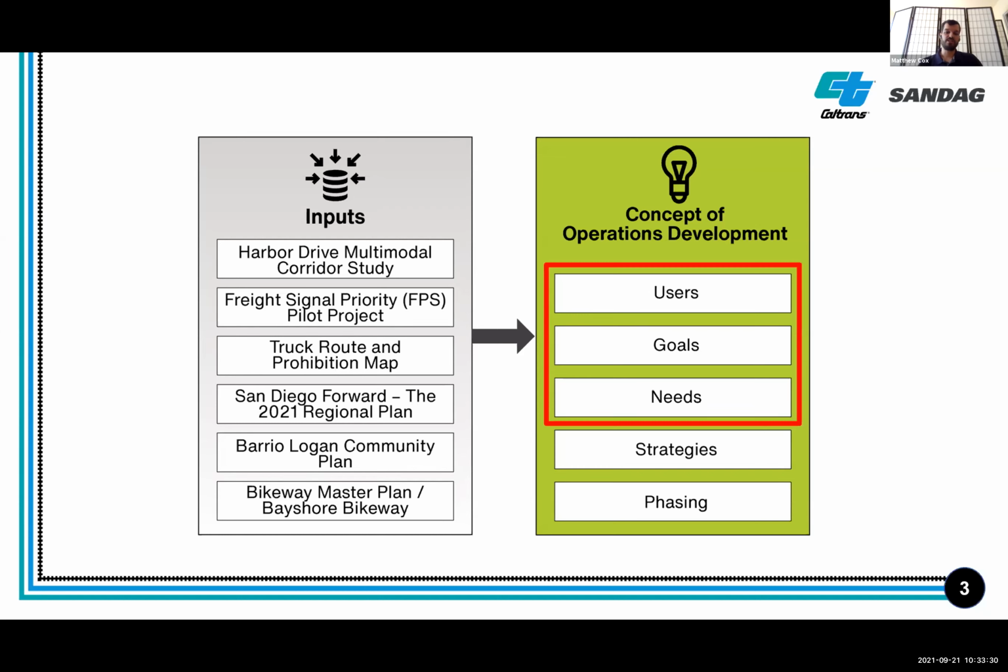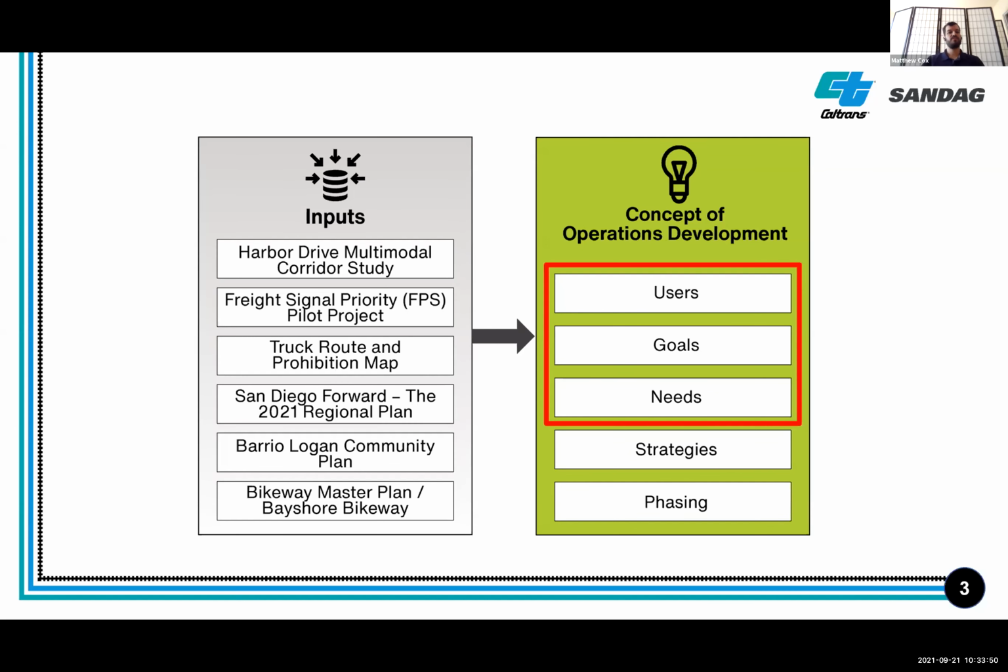And then, like I said, the strategies are those potential ITS or technology solutions. And the phasing is just what it sounds like. It's the order in which those potential solutions are implemented, whether they require something to happen before you can implement it and things like that.